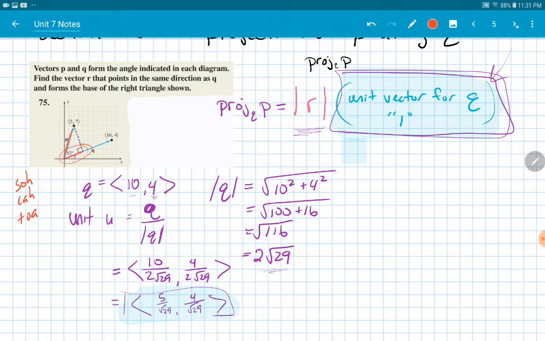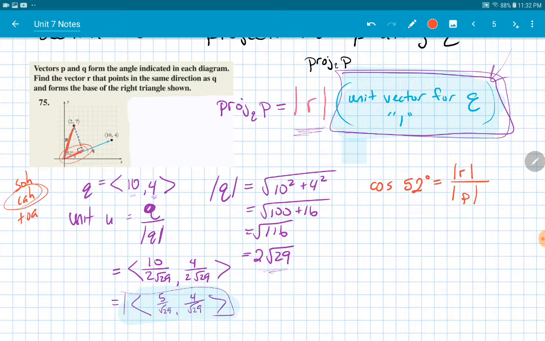So thinking in SOHCAHTOA, I want the adjacent and I have the hypotenuse. Adjacent and hypotenuse gives me cosine. So cosine of 52 degrees equals the magnitude of R, that's the adjacent side, divided by the magnitude of P, which is the hypotenuse.